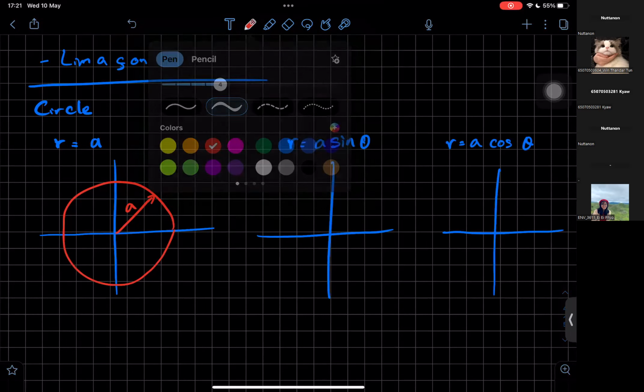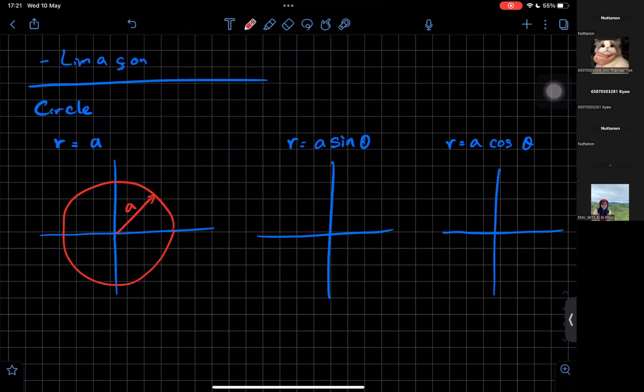These 3 will give you the circle, but different types of circle. So this one will be like this, and this one will be like this.